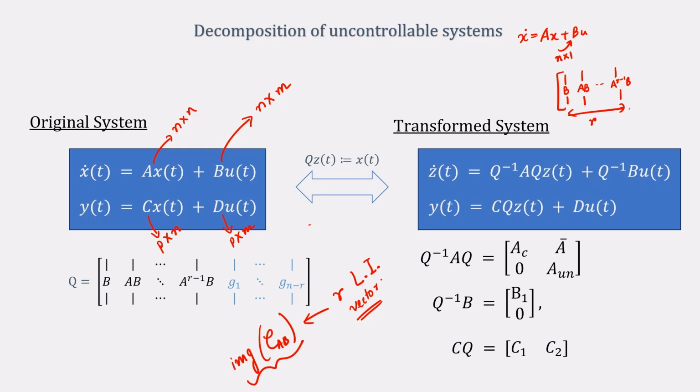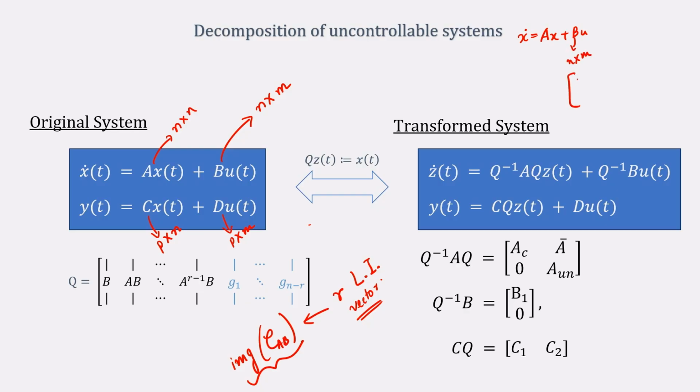Once we have R linearly independent vectors, we then appended n minus R more columns, so that this becomes a square matrix. Now, in the MIMO case, the problem is that B is an n cross M matrix.